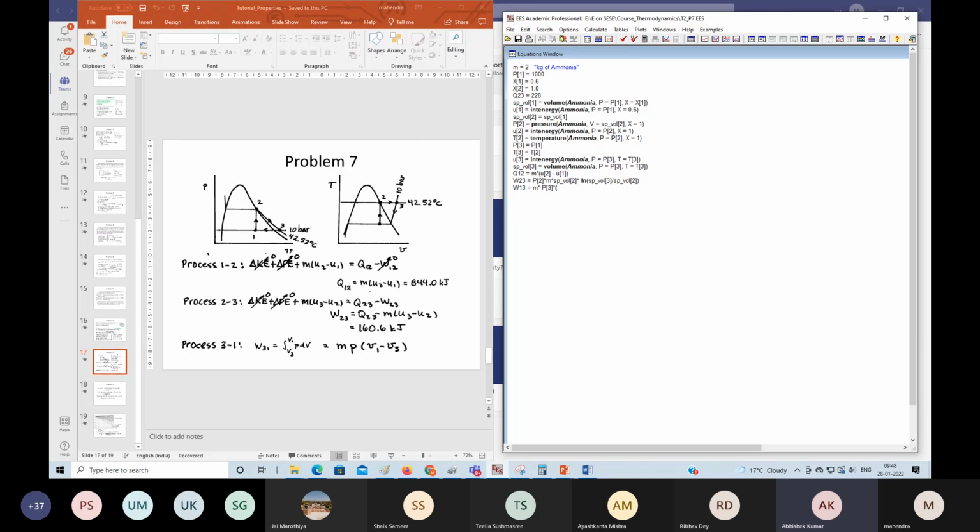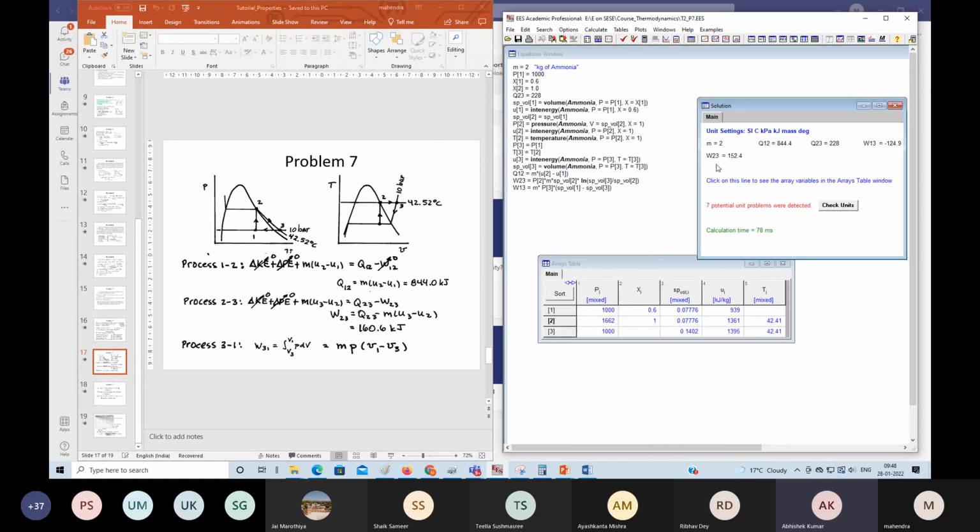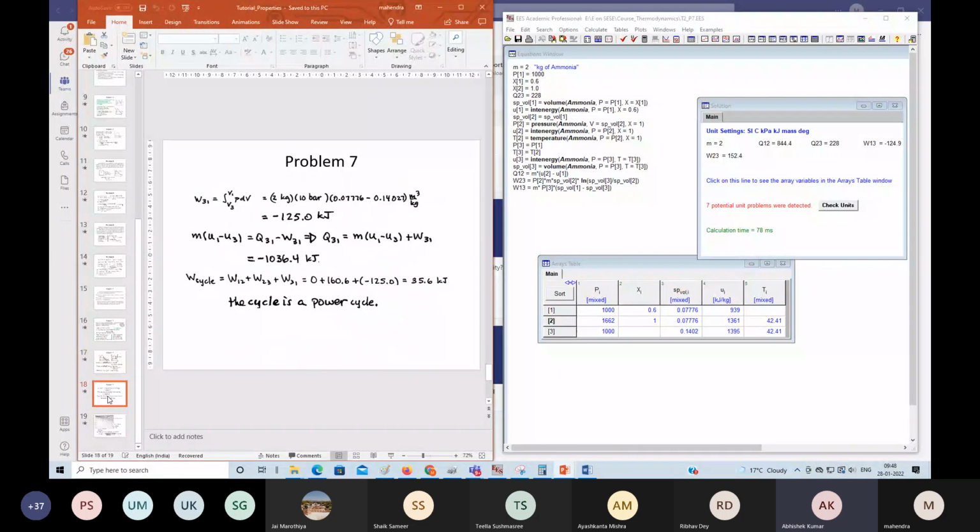Then W13 is giving minus 124, or minus 125 here.